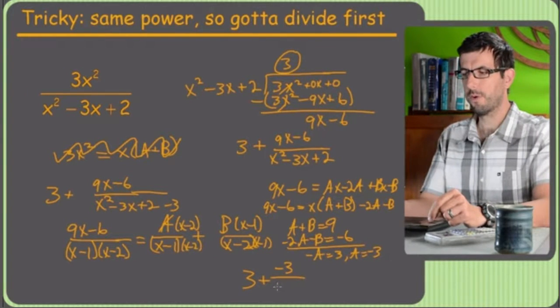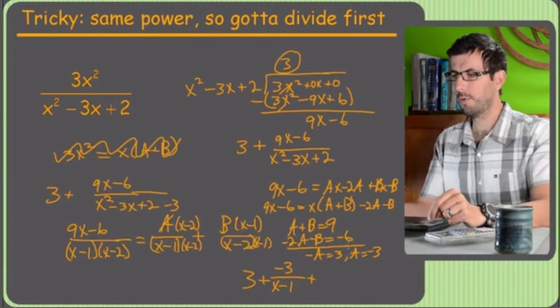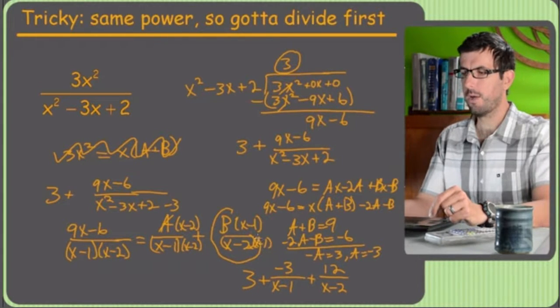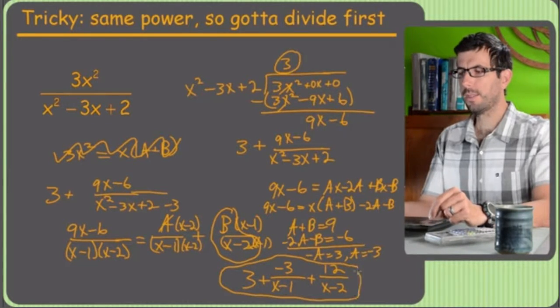So negative 3 over its denominator, x minus 1, plus B. Now what is my B going to be? If A is negative 3, B equals 12. So 12 over x minus 2. So that's this guy, and all I did was plug in 12 for B. All right, so that's our answer.